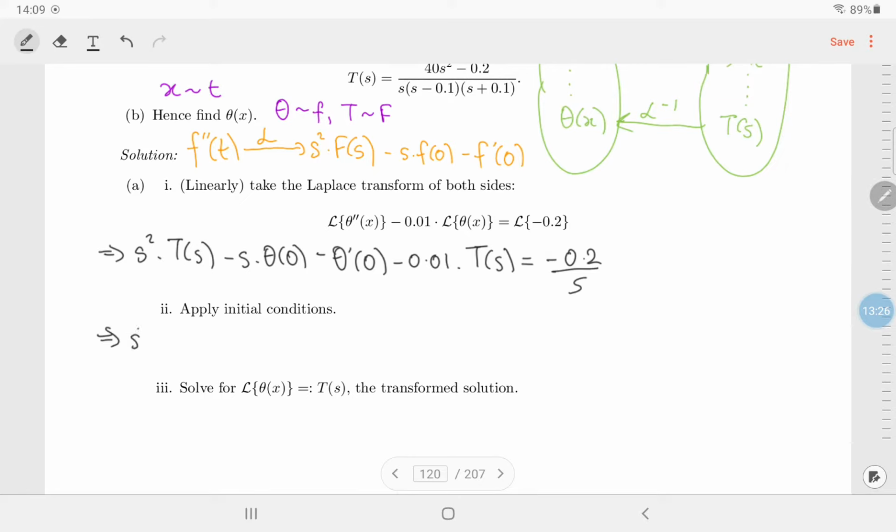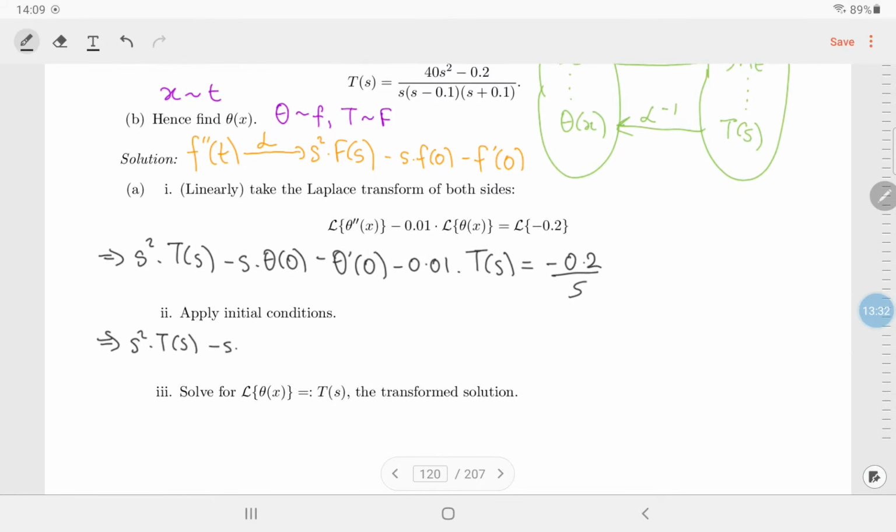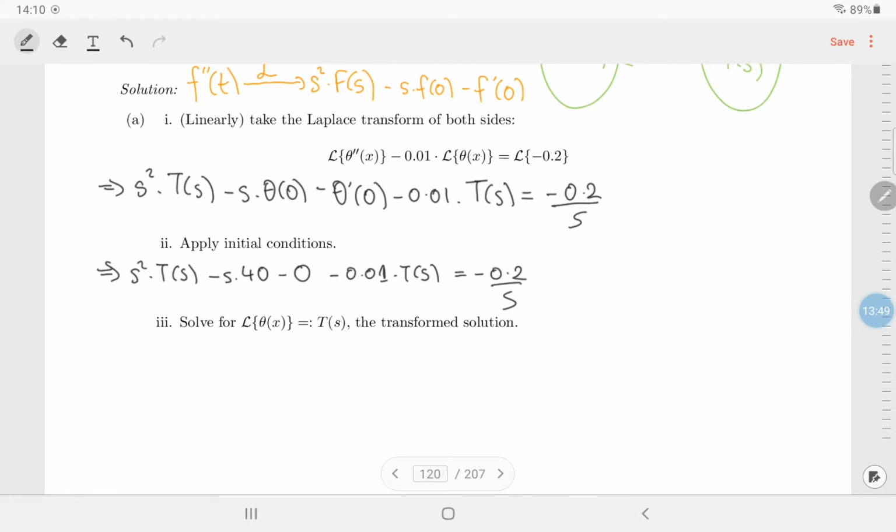So we get s squared times big T of s minus s times theta of 0, which in the differential equation is 40, minus theta dashed of 0, which is 0, minus 0.01 times big T of s, equal to minus 0.2 divided by s. Okay, and now what we're going to do is solve for big T of s.